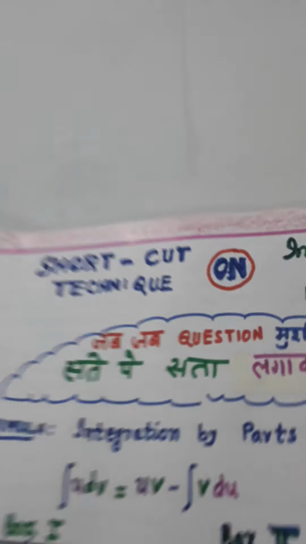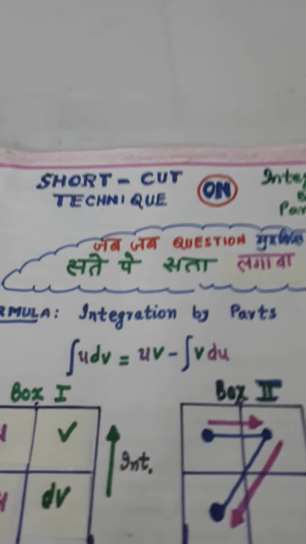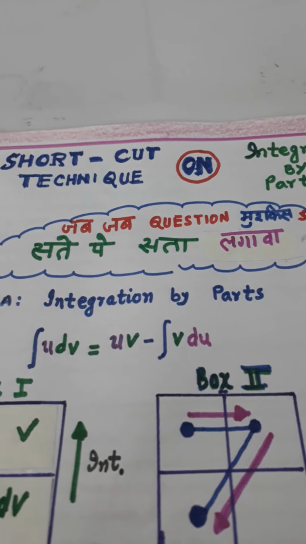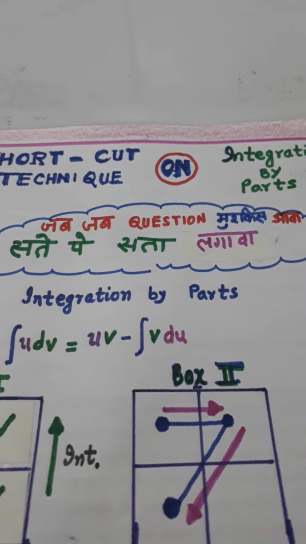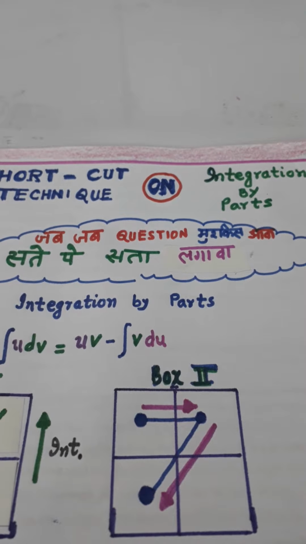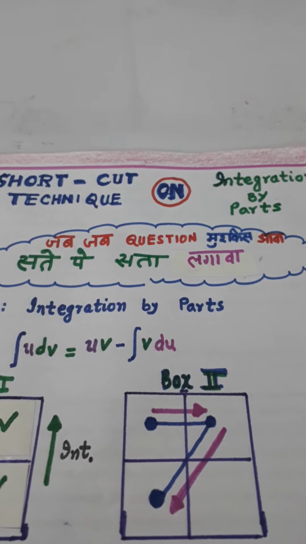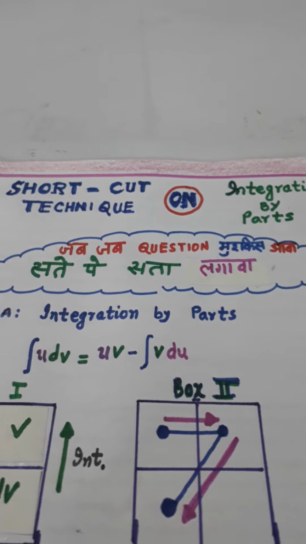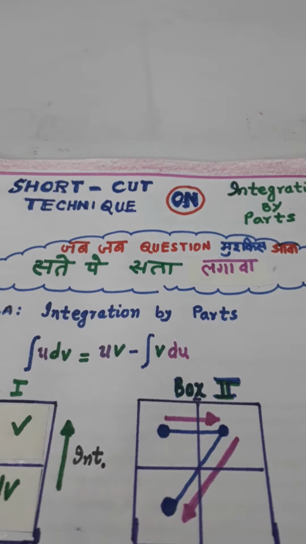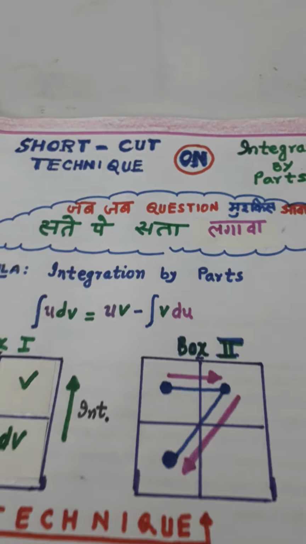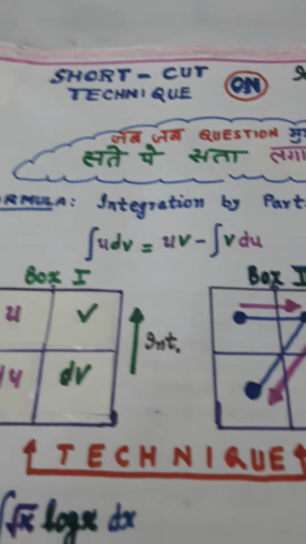The name of this short trick is Satya pe Satta. Whenever you feel that a question on integration by parts is difficult and you are not able to solve it, then you can adopt this technique, which will make things very easy for you. Now look here how it works.